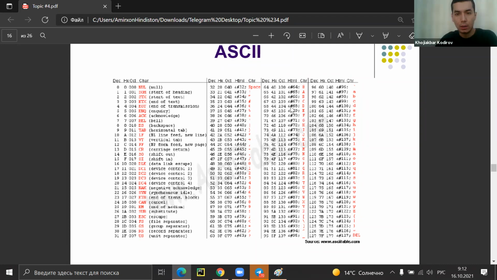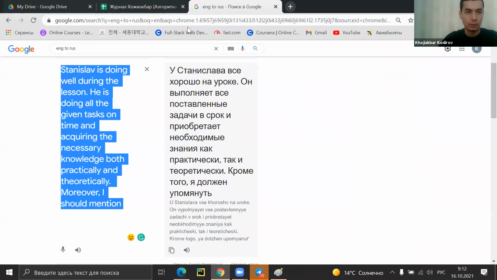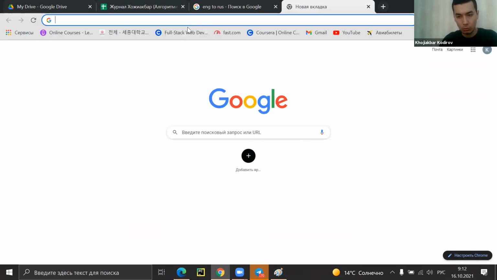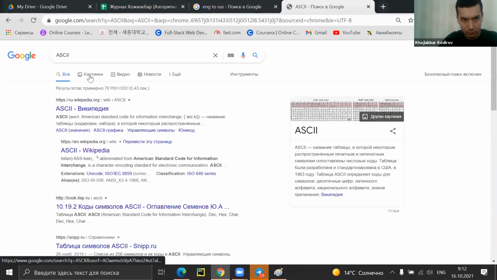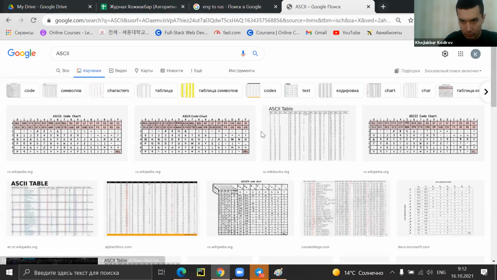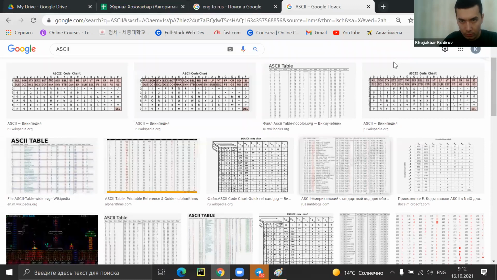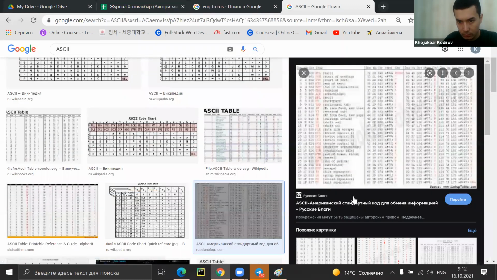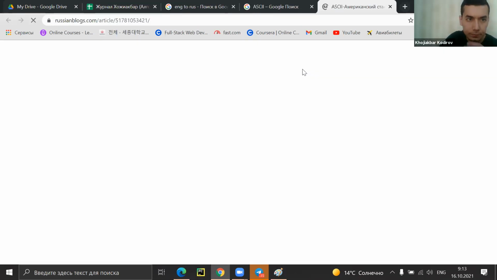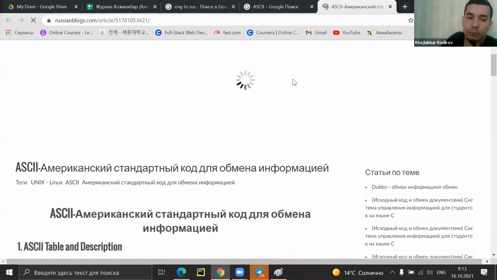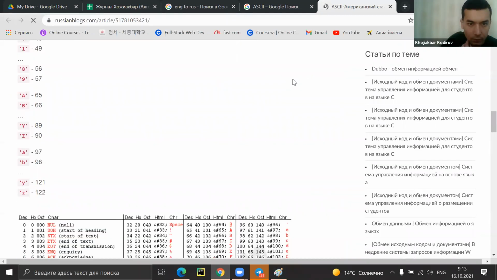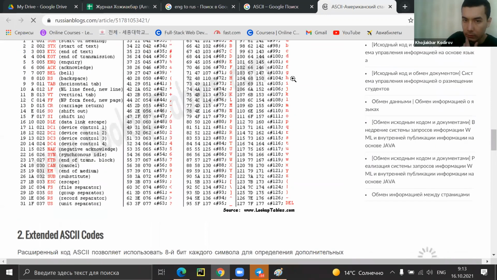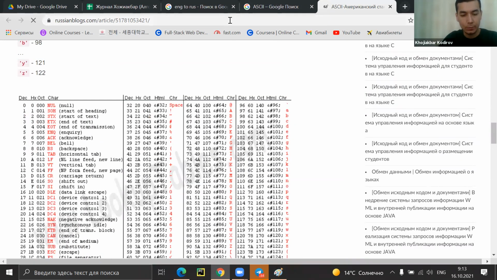If you want, I'll share an ASCII table from Google with you. If you search ASCII, you will get different sources. I'll share the most useful, reliable one, this link. There is enough information about the ASCII table.